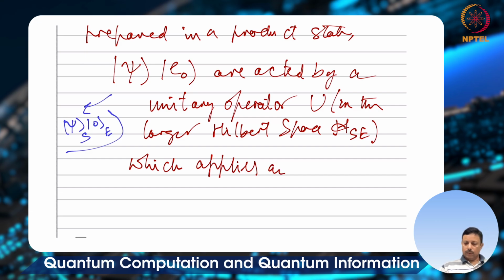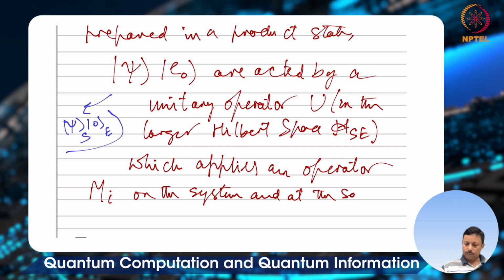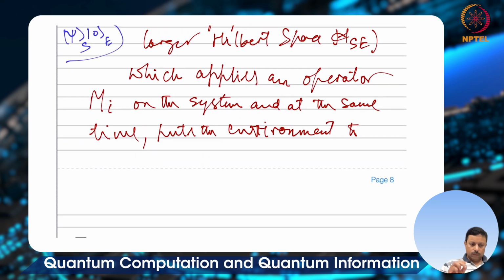U applies an operator M_i on the system and not the environment, and at the same time puts the environment into the E_i's for various i's.